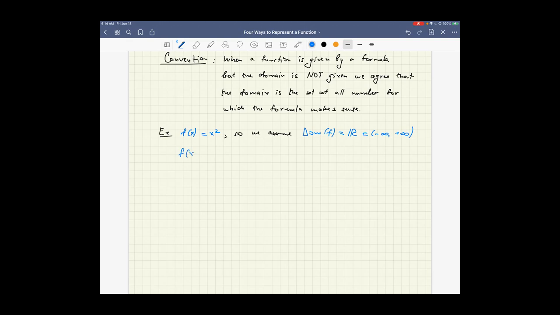Or when our function is 1 over x, and again the domain is not specified, we assume the domain is all the x's for which the formula makes sense, and of course it's just the set of real numbers minus the set containing 0. So all real numbers except 0, which you can also write as the union of the interval from negative infinity to 0 and the interval from 0 to infinity.